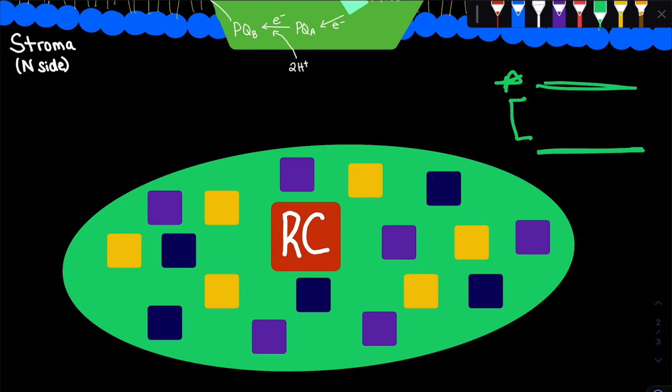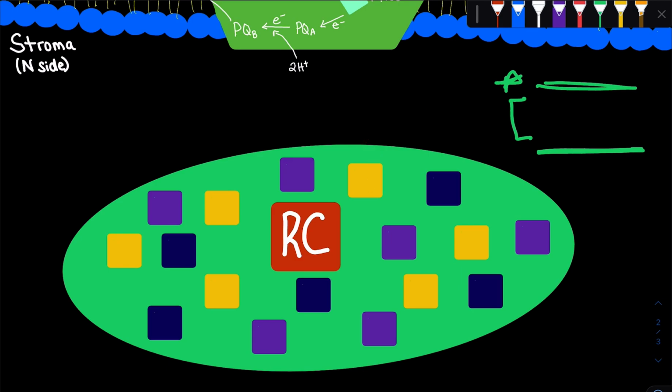This specific amount of energy must be equivalent to the energy of the photon coming in. If this energy from going to ground state to excited state is equivalent to the energy of the photon coming in, the electron in one of these pigment molecules or chlorophylls can get excited, and then the energy will be transferred.